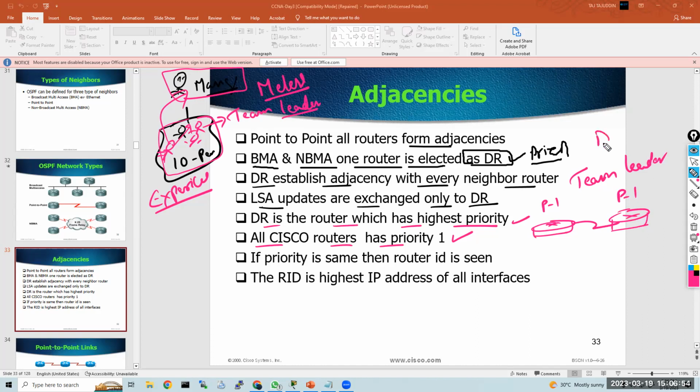Team leader means I'm talking about DR, guys. DR means designated router. The highest IP address. The priority can also be given manually. So if the priority is the same, then the router ID is considered. What is the router ID? We can give the IP address. For example, this is my R1 and this is my R2. I can give the highest IP address to this guy, and he will become the DR, and this guy becomes the non-designated router. Understood?